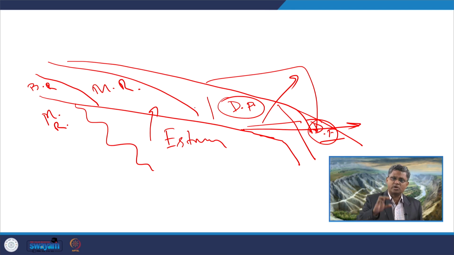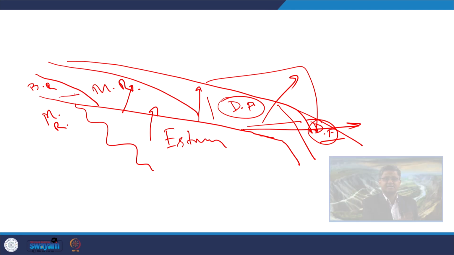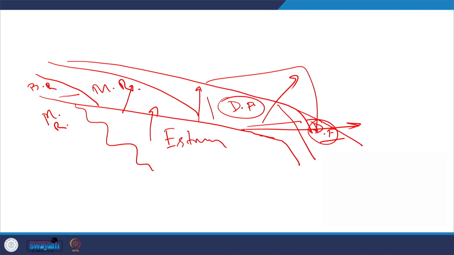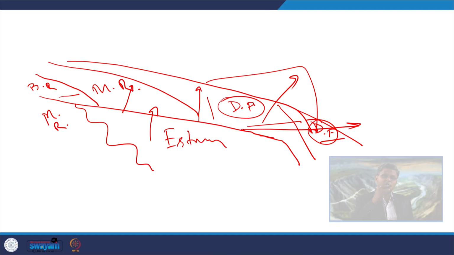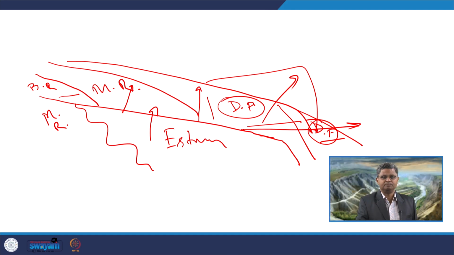Since we are getting a sufficient amount of accommodation, there will be aggradation of the delta plain and of the meandering river system, but there will be a change in the energy condition as the supply of sediment is increasing and the river equilibrium profile is changing. So, across this particular surface, this maximum regressive surface, we get a very drastic change in the facies architecture, in the depositional systems.